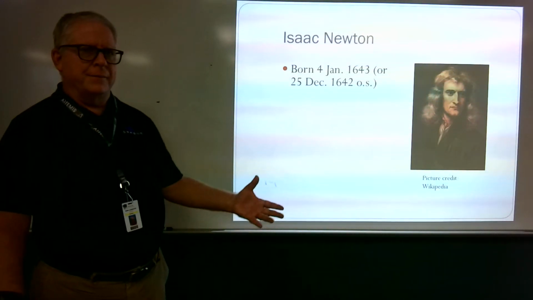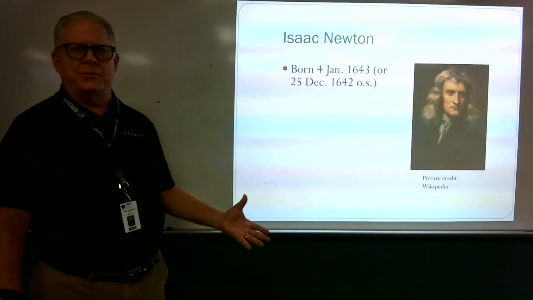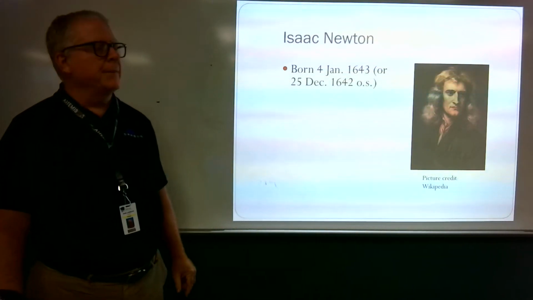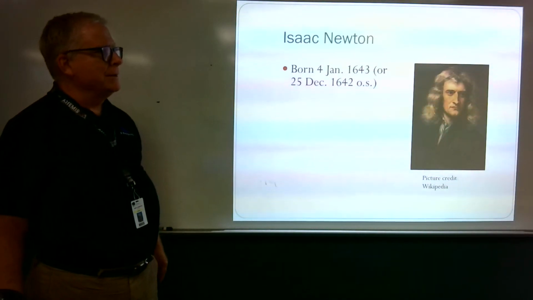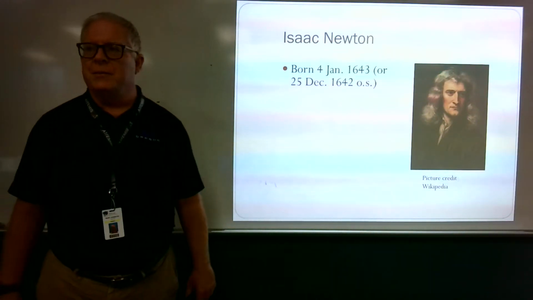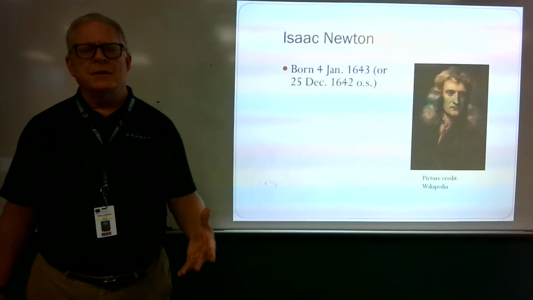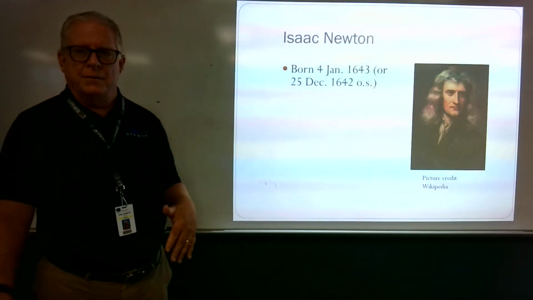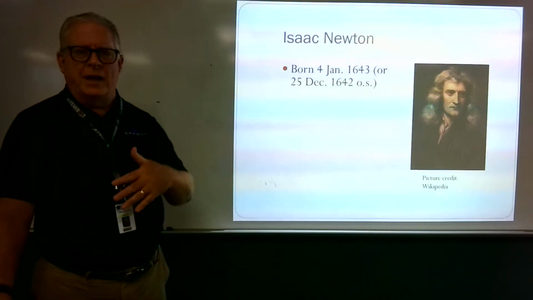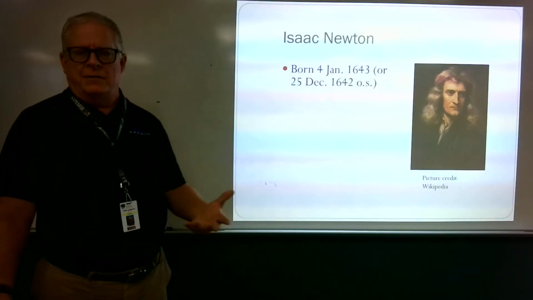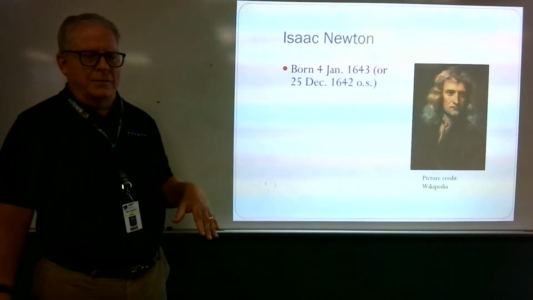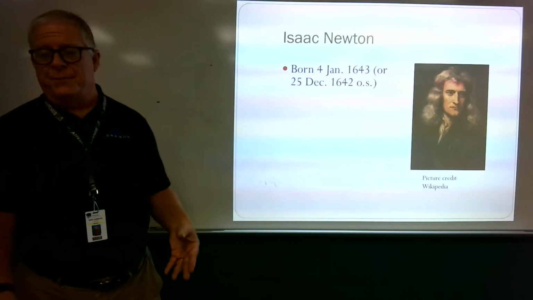And he happened to see an apple fall from the tree at the same time as you could see the moon in the sky. And that caused him, so the story goes, to be thinking about how is the motion of the moon around the earth and the motion of an apple falling to the earth, are they different things, as everybody else thought, or could they in fact be manifestations of the same thing?